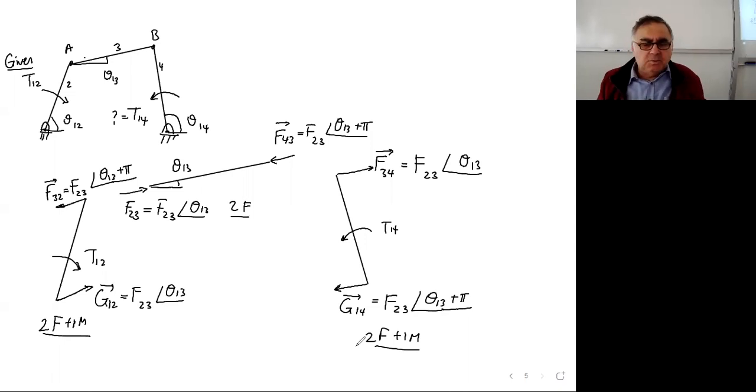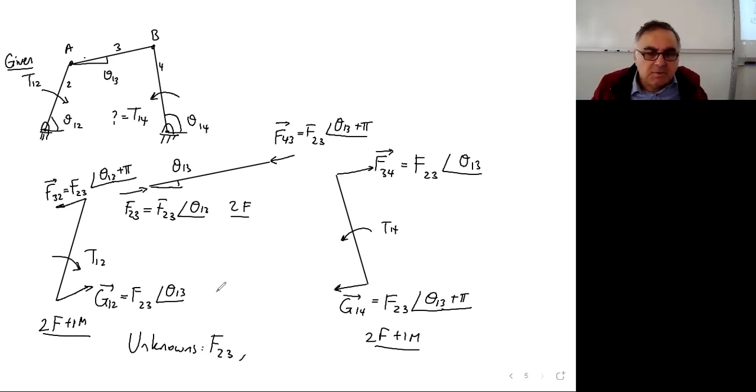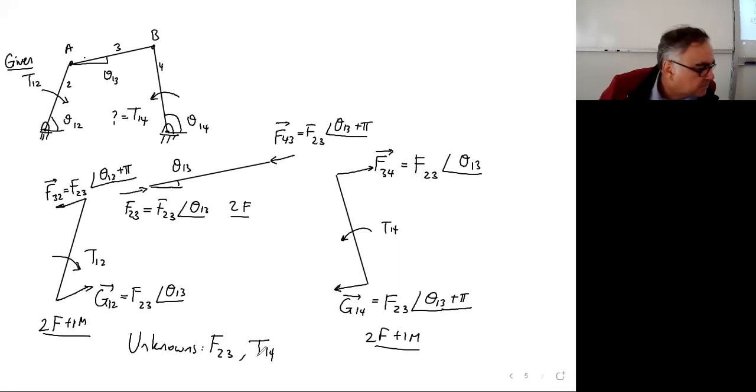So what are the unknowns here? It's quite simple. Unknowns are, when I write it this way, F23 is an unknown. What else? T12 is given. Angles are known. So only T14. So two unknowns here.